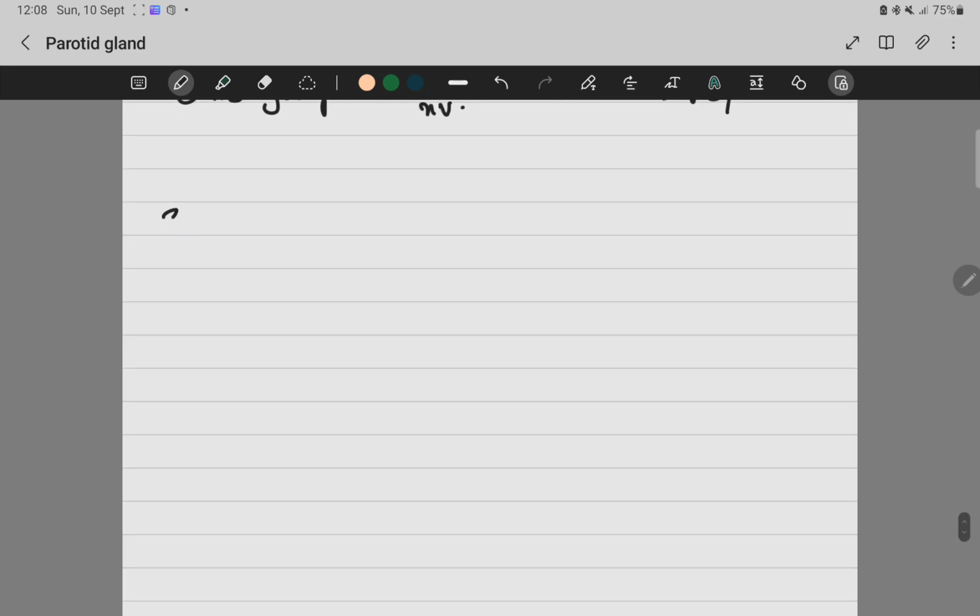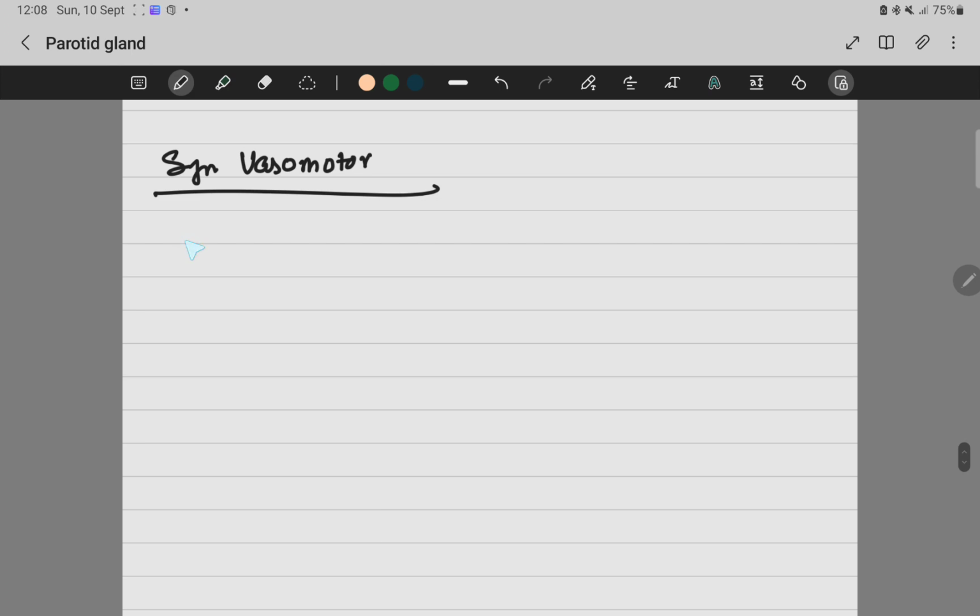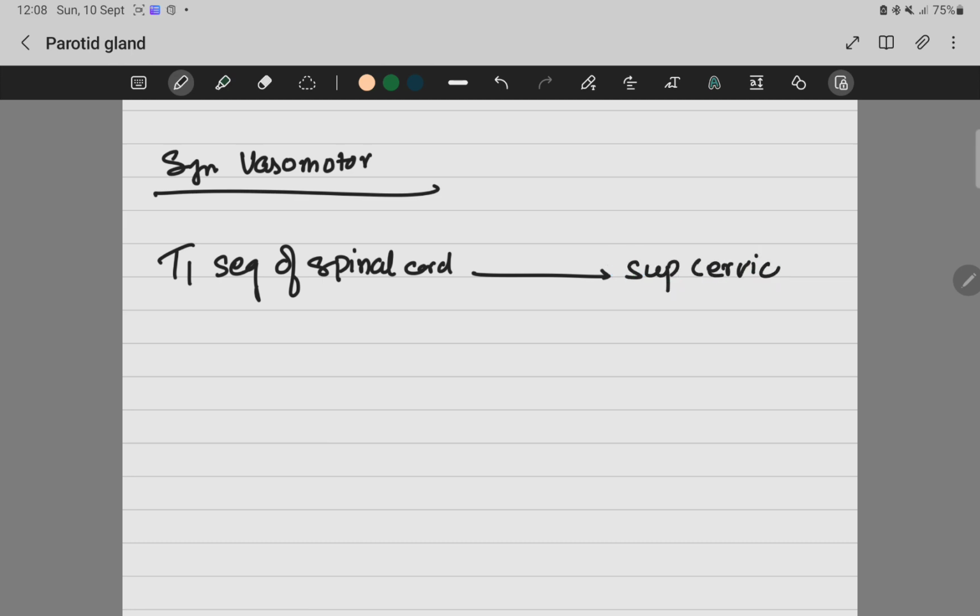The second is the sympathetic or the vasomotor nerve supply. The preganglionic fibers arise from the T1 segment of spinal cord, and then travel to the superior cervical sympathetic plexus.